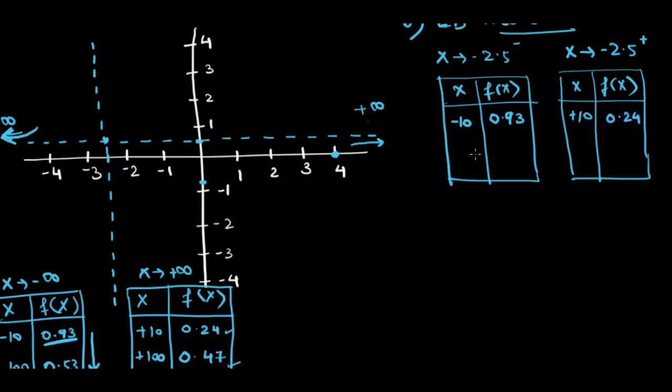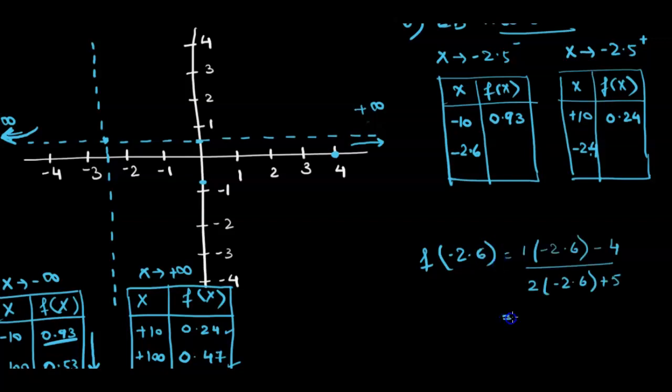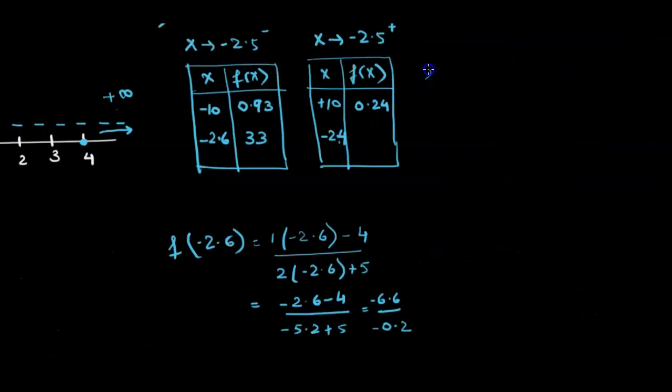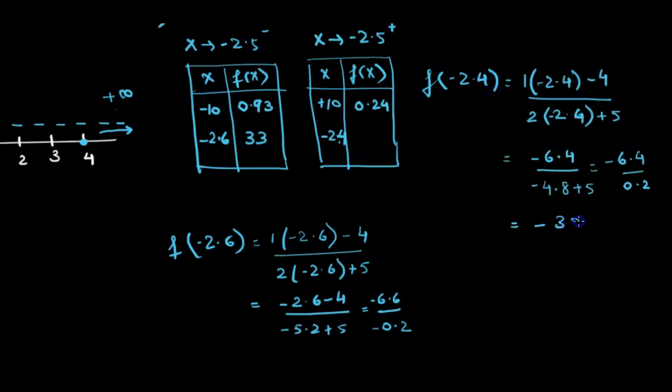The other value that we can take for x is a very close value on the left side, and that would be -2.6, and the close value on the right side of -2.5 is -2.4. Let's solve for f of -2.6. When we put this on the calculator, we get a value of 33 for y or f(x). Similarly, when we solve for f of -2.4, this would give us a -32 value for f(x).